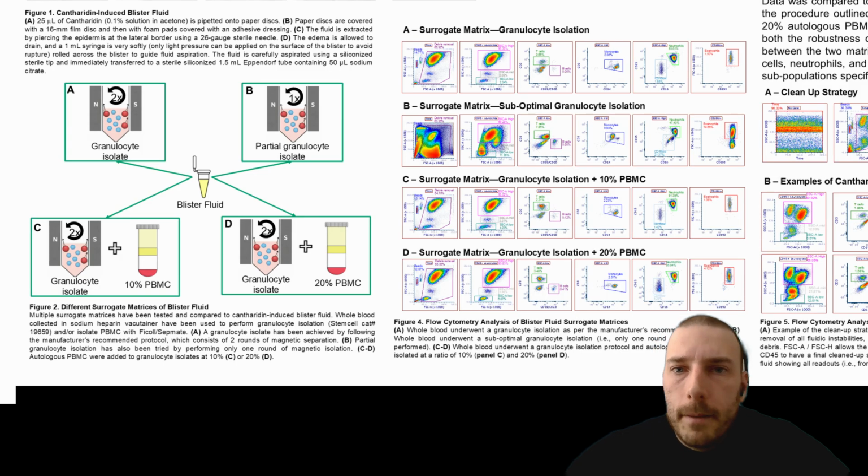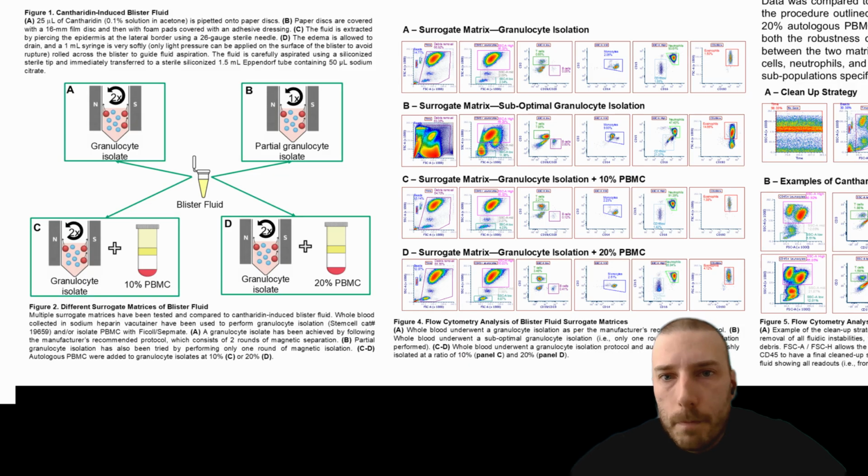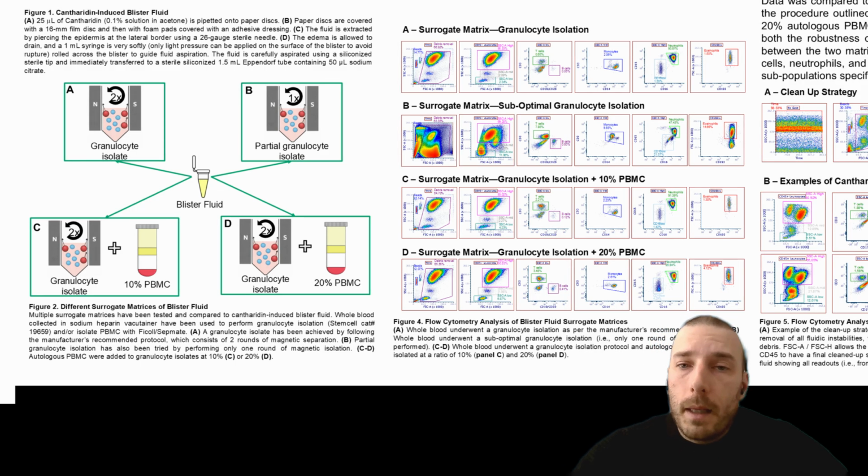However, this created a sample that contained too much debris, which led to data analysis issues, such as difficulties to identify lymphocyte, monocyte, and granulocyte subsets, compensation issues, and background and beads gating, as shown in Figure 4, Panel B. We quickly dismissed this approach and instead focused on the spiking of freshly isolated autologous PBMC into the granulocyte isolate, as shown in Panels C and D.